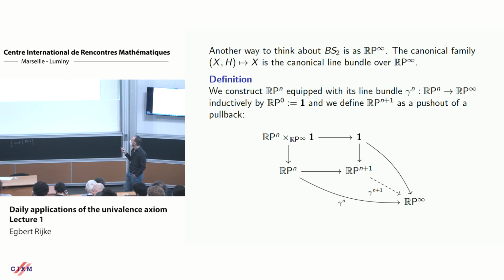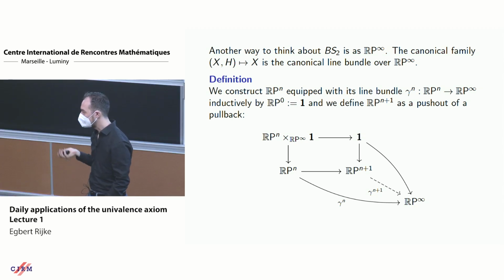And this BS2 also has nicely the tautological bundle immediately, because if I have a two-element type, then the bundle just gives me that two-element type. So it really is a tautological bundle.